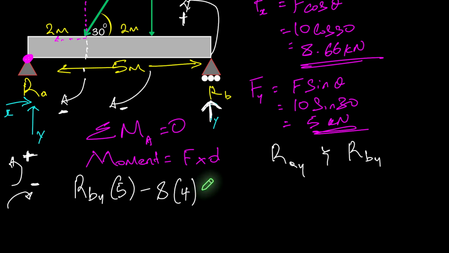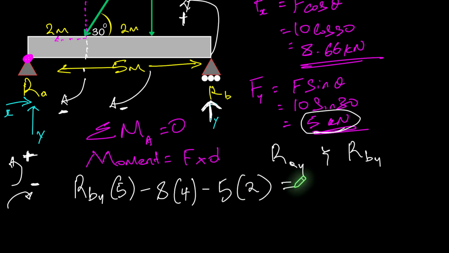And then finally, this is where you have to be very careful, because we're not using the 10 kilonewtons, we're using the vertical component that we have right here, that 5 kilonewtons. So it's going to be 5, our vertical component, multiplied by 2. And all of this equals 0, because the system is in equilibrium.